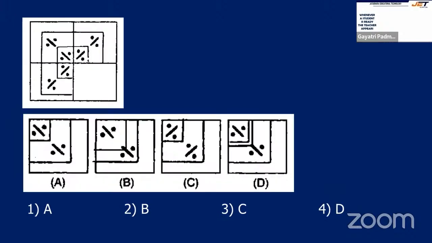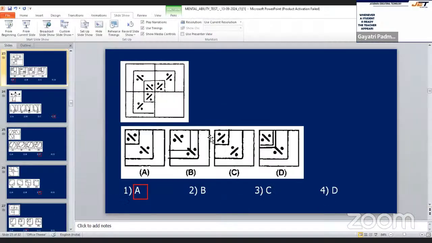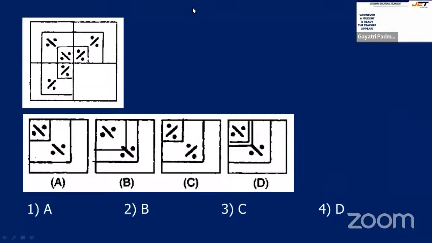All right, now let's move on to the next question. You need to choose. Is it option A, B, C, or D? All right. So you have to choose whether it is option A, B, C, or D. All right. So your time has already started.